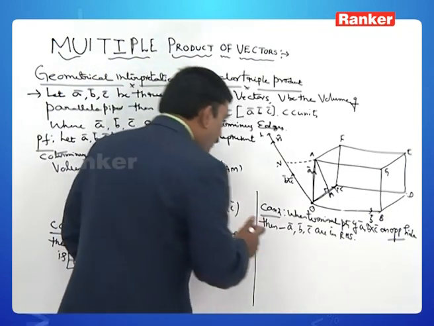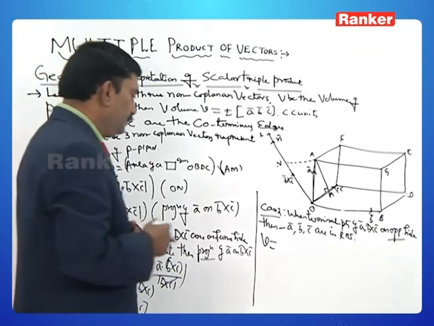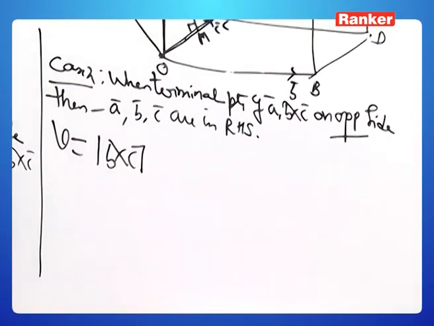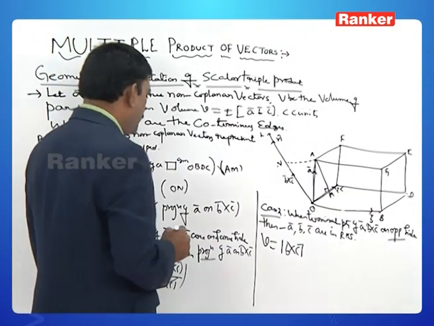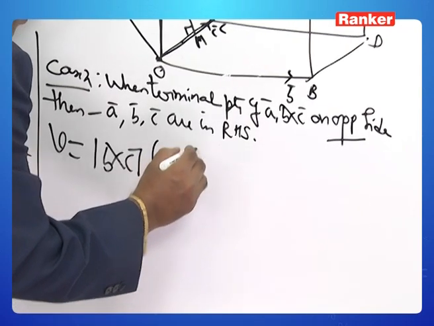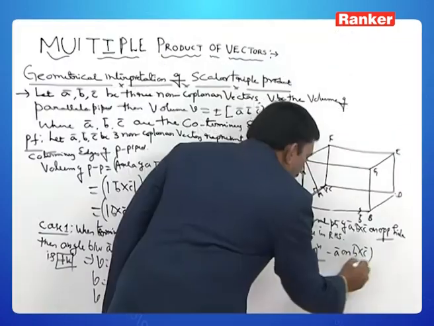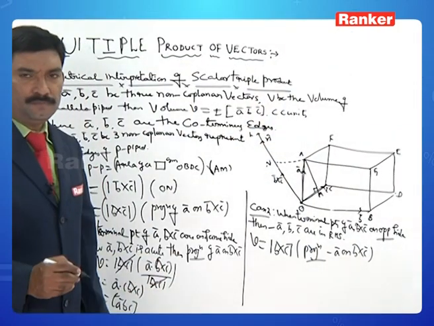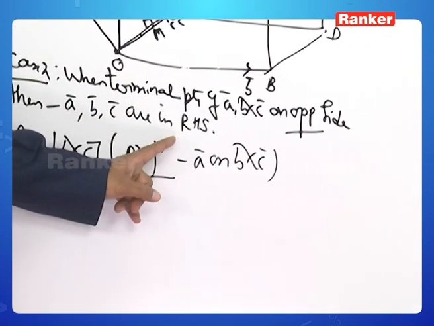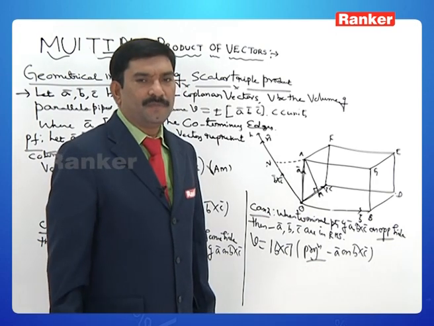So therefore, what I do is, volume V is equal to modulus of B cross C into projection of minus A bar on B bar cross C bar. Here, minus A bar, B bar, C bar are in a right-handed system. What about A bar, B bar, C bar? They are in a left-handed system.